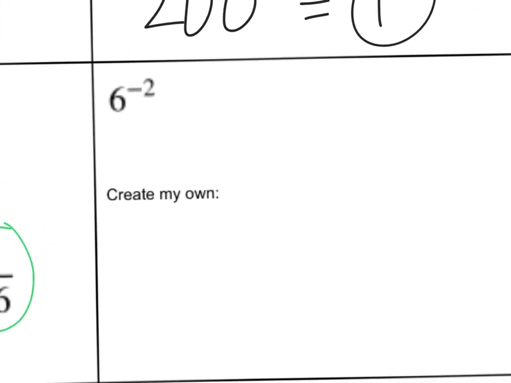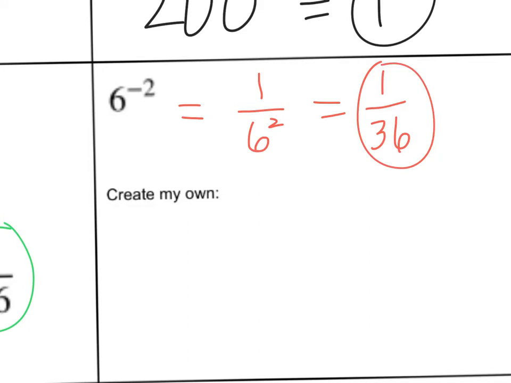Okay, so here we go. We have a negative 6 to the second power. So I'm going to make it a fraction. And then I just keep the base and I change the exponent to positive 2. And then I can simplify that one more step. 6 to the second power, that means 6 times 6, which is 36. Okay, try to create your own in this space right here. You choose the base. You choose the negative exponent.